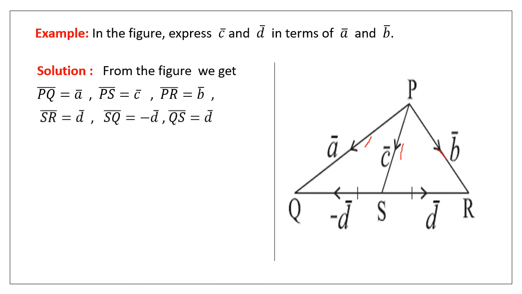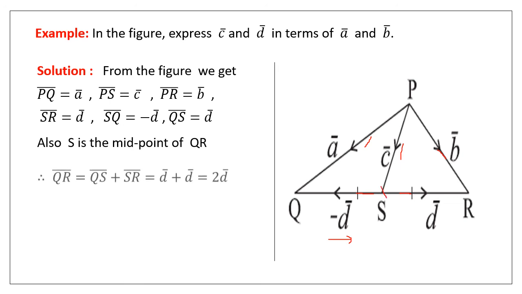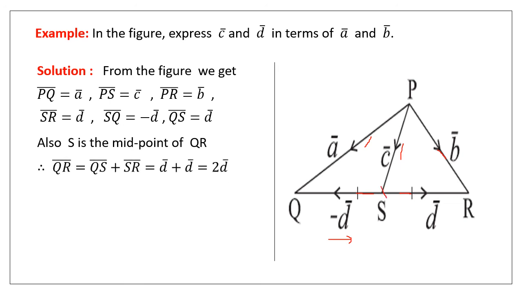Also student, SR equals D bar and SQ equals minus D bar. So from this we can write QS equals plus D bar. From this we conclude that S is the midpoint of QR bar. So QR bar we can write as QS plus SR equals D bar plus D bar equals 2D bar.